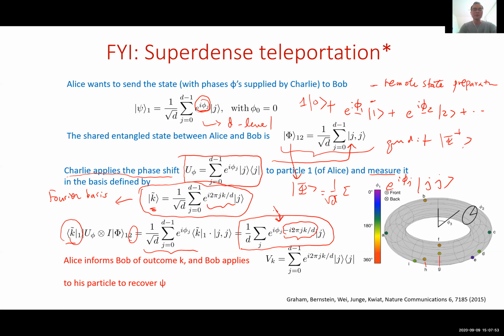But this is possible to correct because you can use this to basically cancel the phase, and to recover the state that you want to send initially.